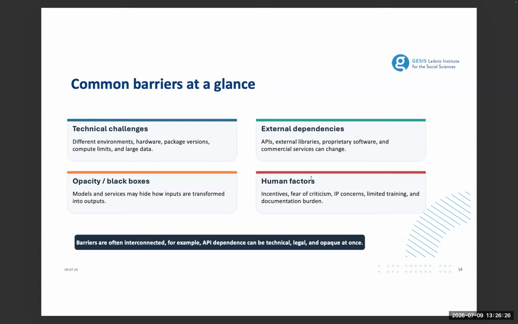And these challenges are often interconnected. As I said before, for example, a technical challenge might be an external dependency, but then there are also some human factors like, yeah, probably we should not really elaborate too much on that problem. Maybe people will just overlook it, for example.